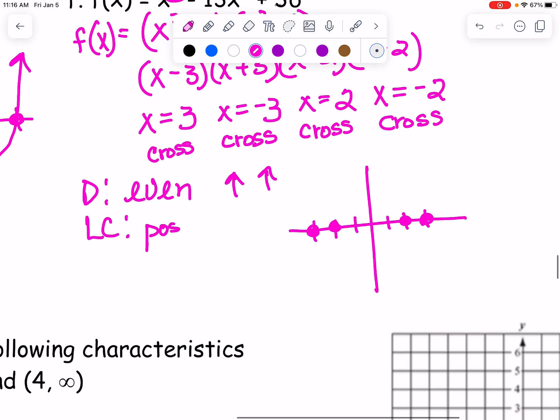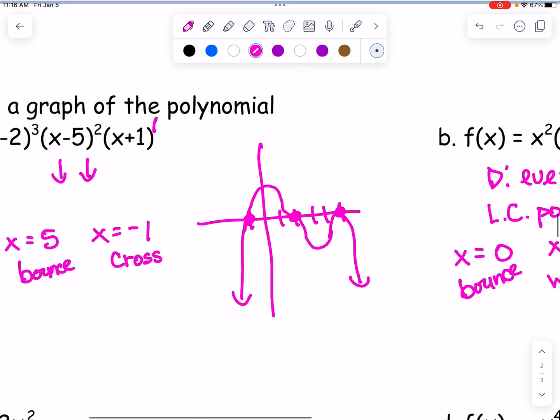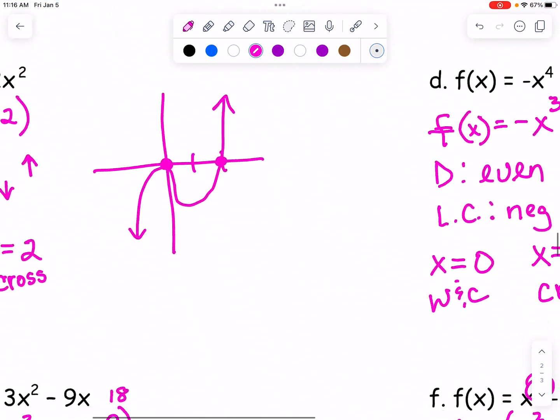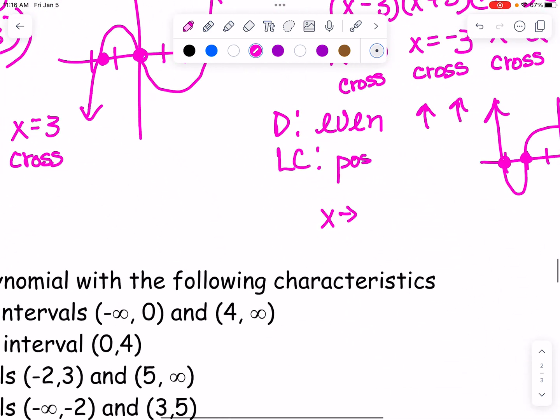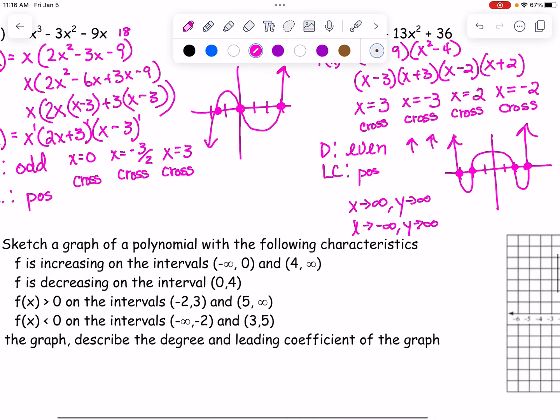We start high, and there's our graph. I haven't been putting the end behavior, it didn't ask for it, but this is as x approaches positive infinity, y approaches positive infinity. And that is how you graph them.